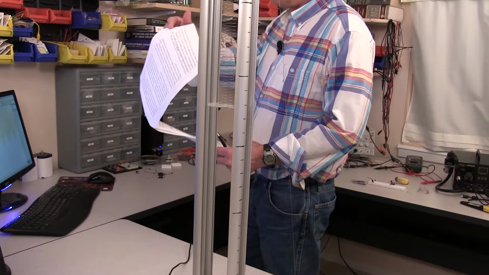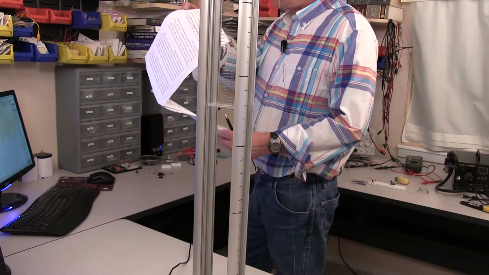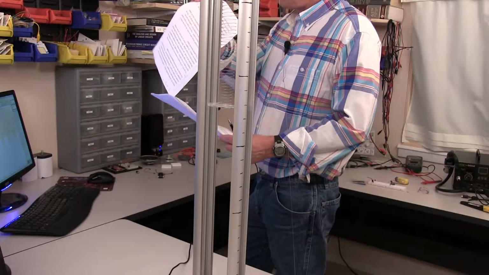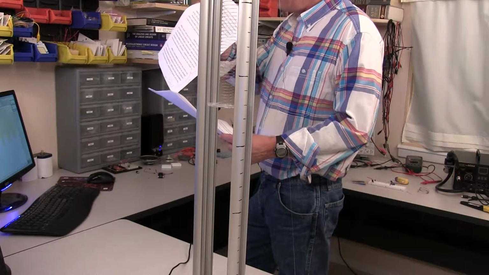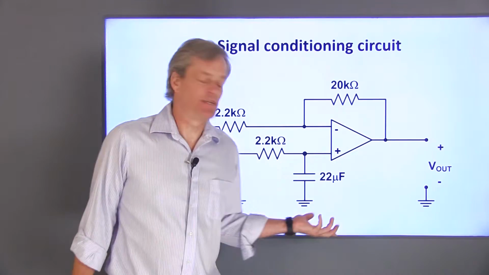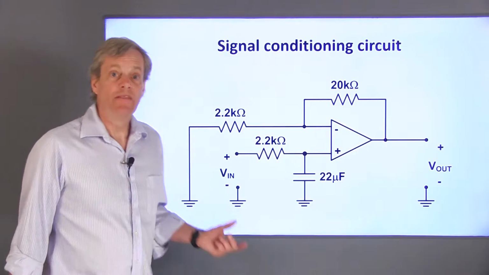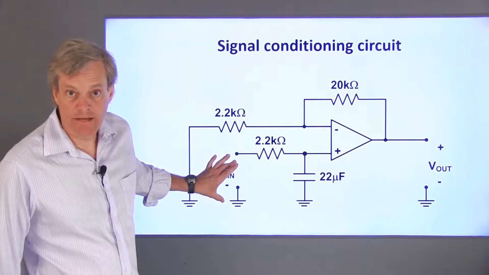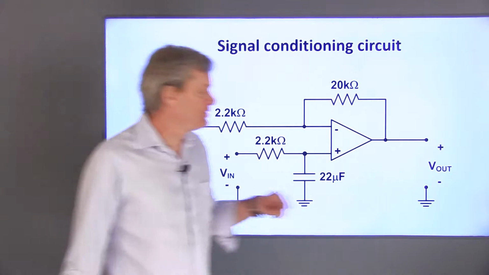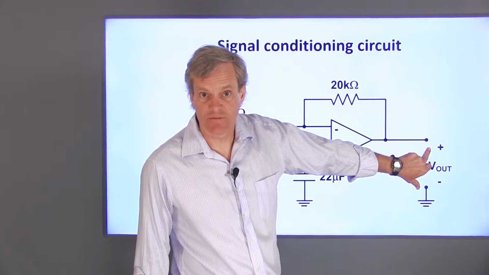To fix these problems, I'll create a circuit that will increase the voltage levels indicating the platform position while decreasing the noise levels. This is a schematic of the signal conditioning circuit we'll use. The output of the sensor is applied across these terminals, and the filtered data is measured across these terminals.